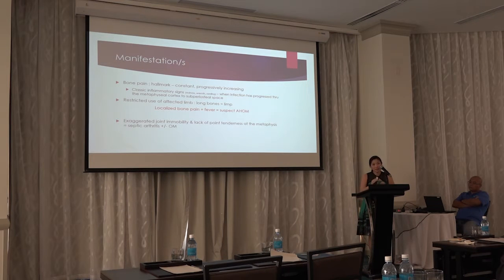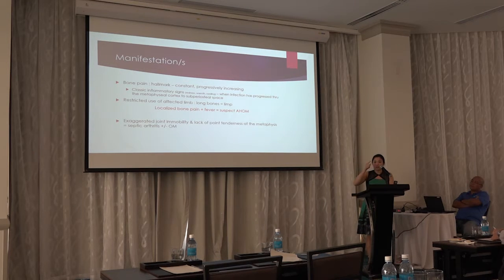Related to osteo is septic arthritis. In patients who have a lack of point tenderness, but significantly are not able to move a joint, you think about not just osteo, but also septic arthritis. If you go back to the picture of the long bone, the bacteria sets up shop in the metaphysis of the bone, but you will see that the metaphysis is near the epiphysis, which connects to the other bone.